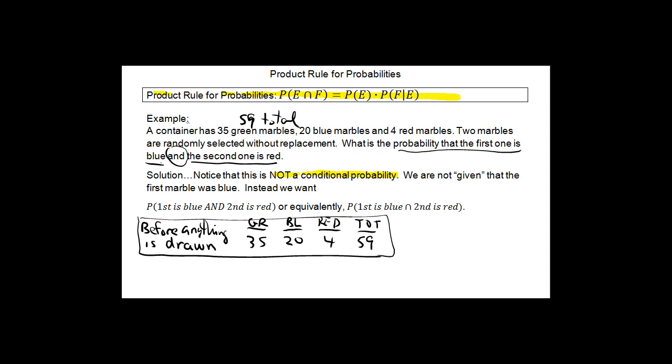Okay. Now, what does the product rule for probability say?